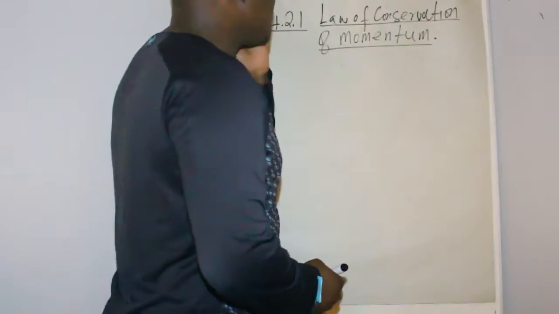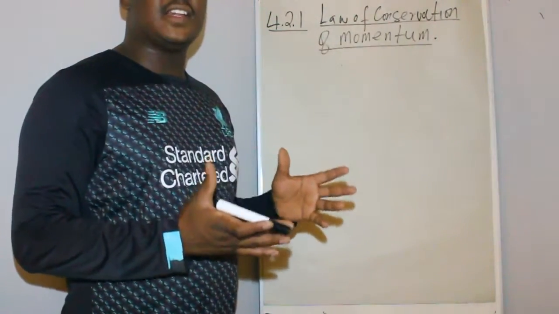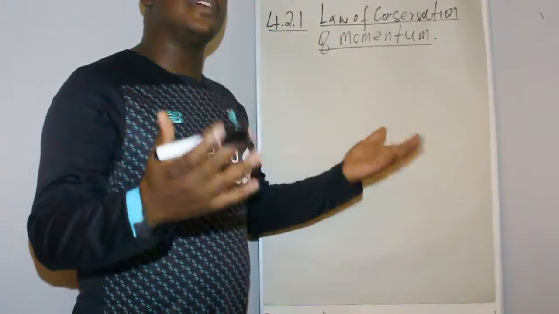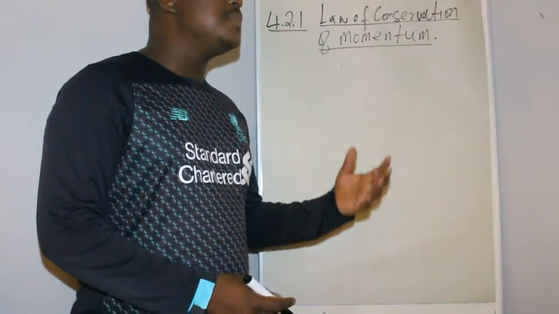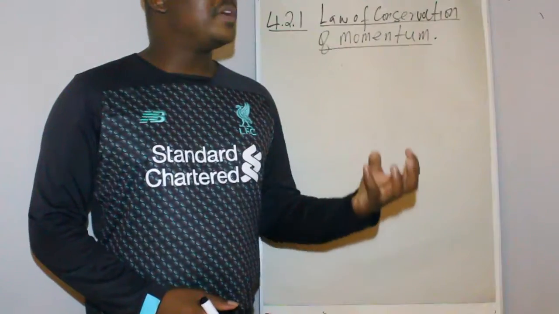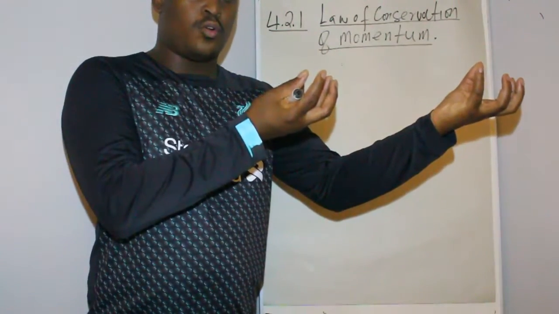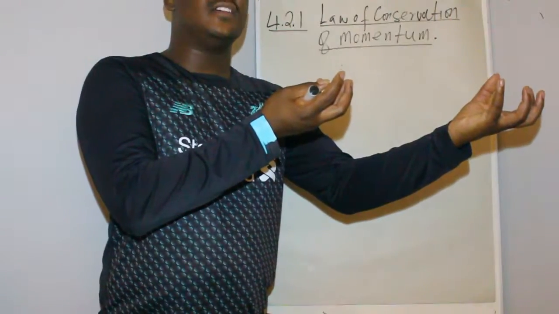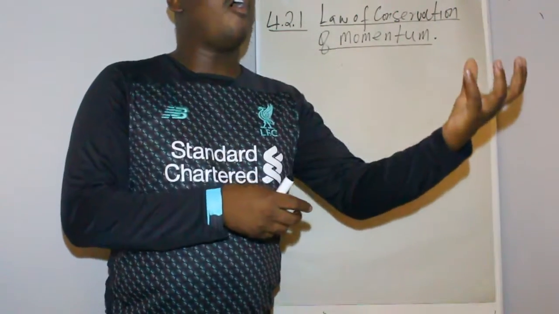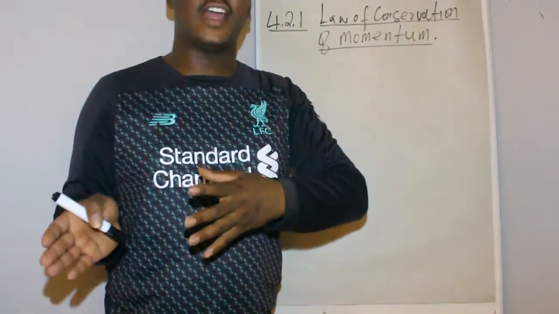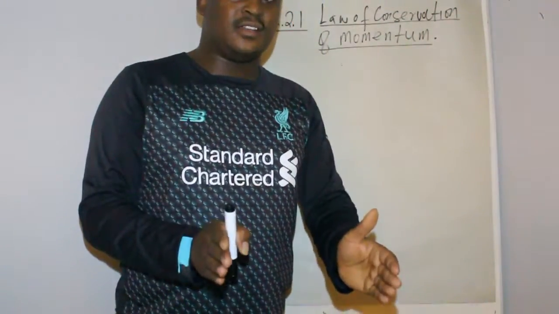This law is telling us that if we have an isolated system, the total momentum is conserved. What does that mean? It means that if you sum the momentum of ball P and ball Q before they collide, it should be the same as the sum of their momentums after they collided, provided that the system is isolated.